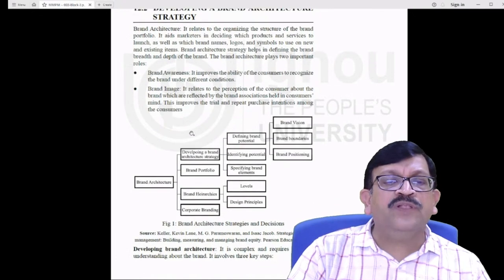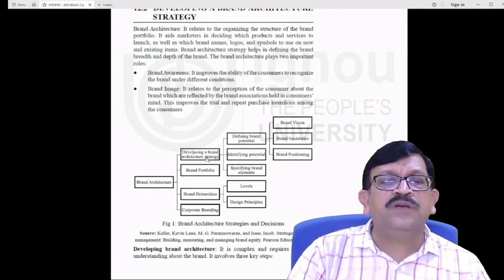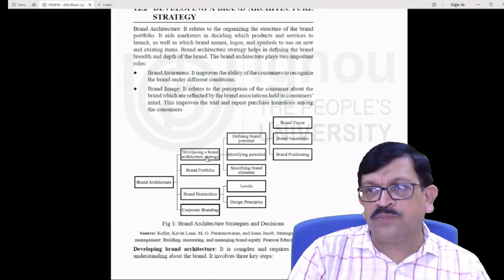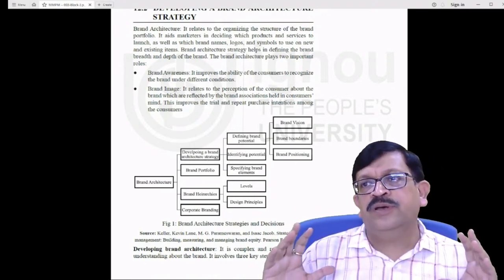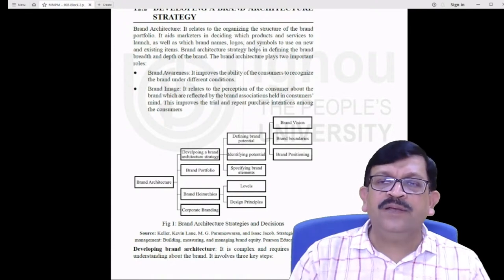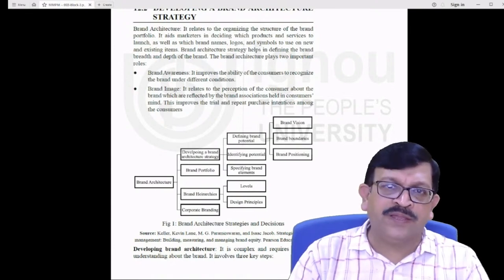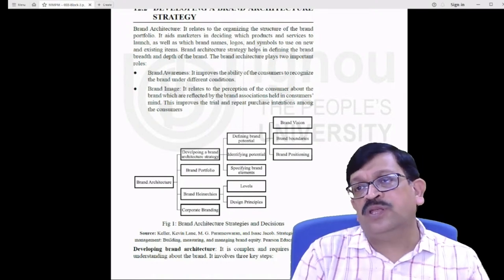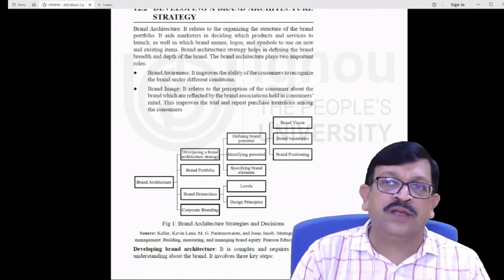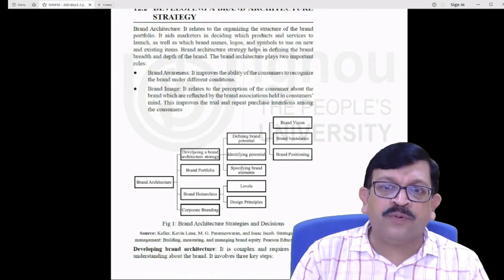The first step in brand architecture gives you a structure or a way to handle the brands offered by the firm, and of course how they are related to each other, how they are not related to each other, and whether there is clarity in their offering.